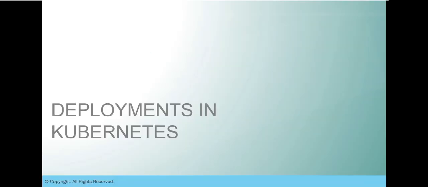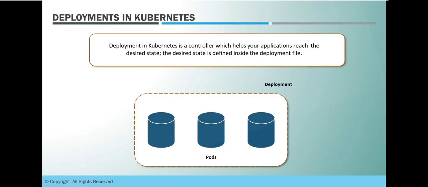We already discussed pods, which are the smallest unit in Kubernetes deployment. Now we will see how we can manage pods using a deployment that will manage a set of pods more efficiently than a single pod deployment. What is a deployment? A deployment in Kubernetes is a controller which helps your application reach the desired state.